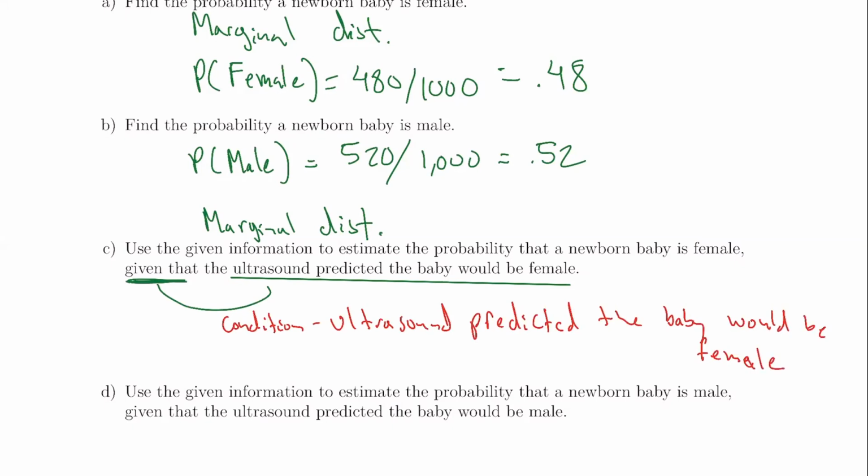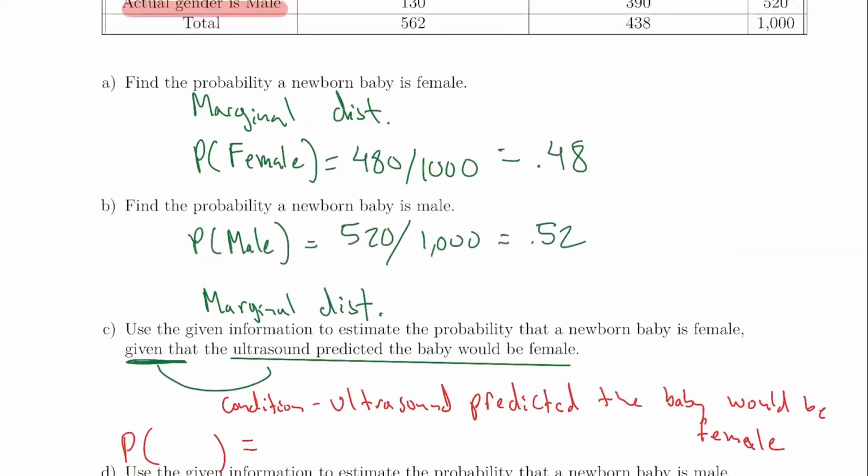The condition is that the baby was already predicted to be female. That means they went to the hospital, the doctor did the ultrasound, and the doctor told them that your baby is going to be female. So what we want to do is find the probability of that. First we put the condition, that the ultrasound predicted the baby will be female.